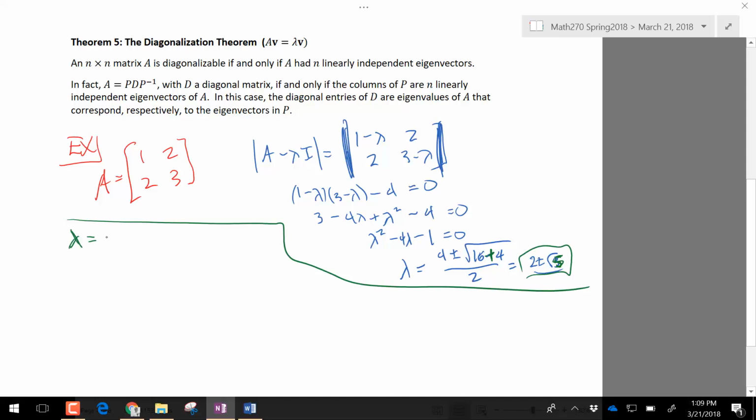We got lambda is equal to, let's take one of those and then try to find its eigenvector. Wouldn't that be the same? So the 2 is negative?